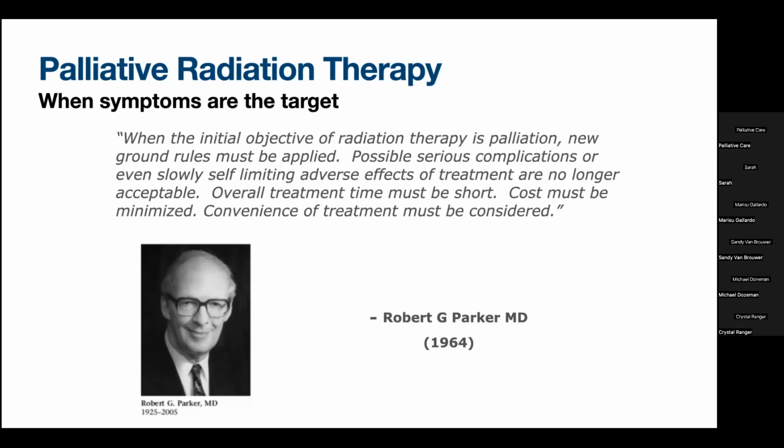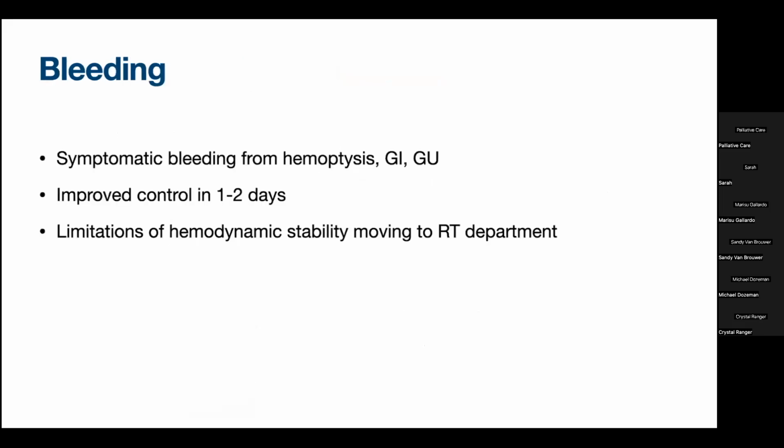Possible serious complications or even slowly self-limiting adverse effects of treatment are no longer acceptable. Overall treatment time must be short, costs must be minimized, and convenience of treatment must be considered. I think it's a really insightful and appropriate statement, but really amazing for the newness of the field and at the time of the 1960s, when this is still all being developed, and there's a lot of excitement over the advances that were being made.